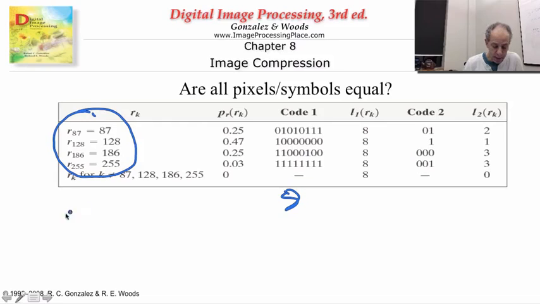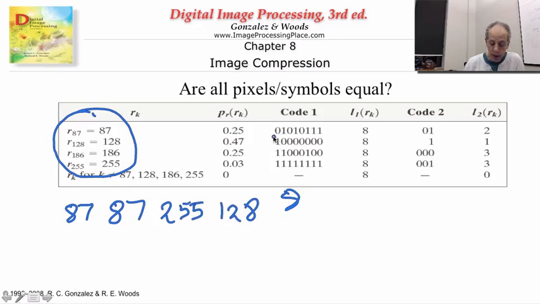That means that, for example, if I want to store or send the pixels 87, 87, 255, 128, instead of writing all of these in 8 bits each, which will take me 4 times 8, 32 bits, I'm going to write it in the following way.